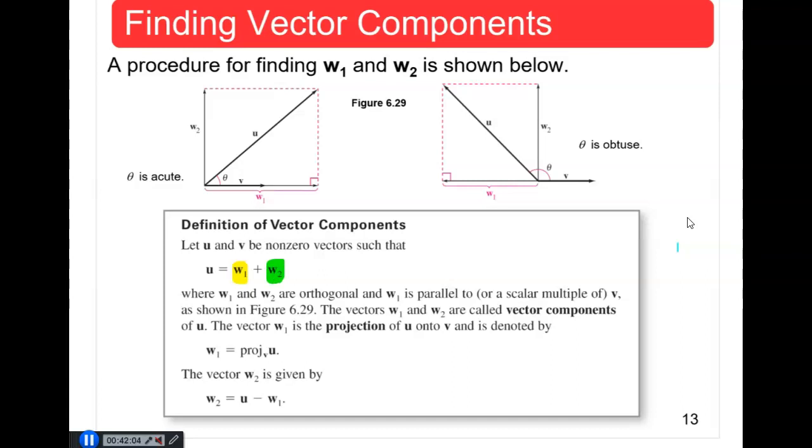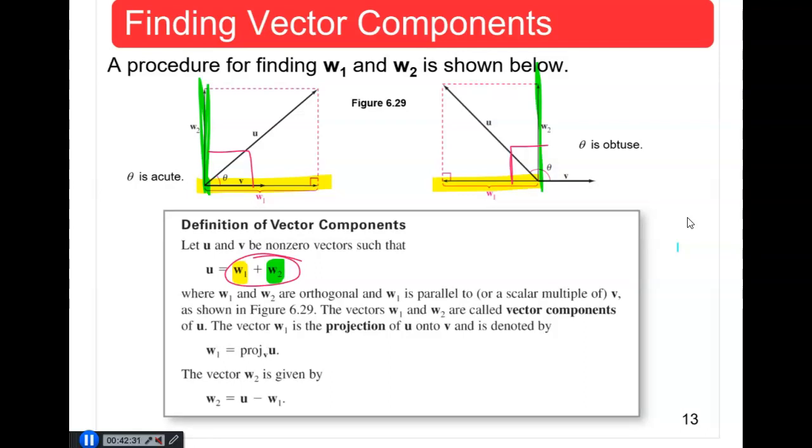So essentially, we're looking at w sub 2 and w sub 1 like that. Or in the other example, this will be w sub 1, and we have here w sub 2. You can see clearly that the angle there will be a 90-degree angle. So that is what we want. We want two vectors that are orthogonal.